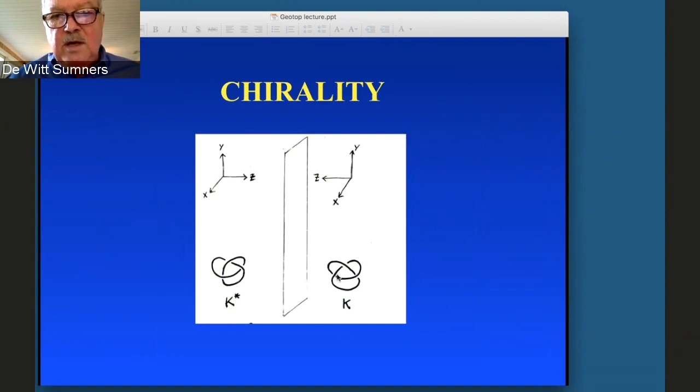To get from one to the other, you think of the crossings as happening in the z direction. If you change the sign of the z-coordinate, all the crossings switch. So if you take a knot diagram like this and switch the crossings, you obtain a projection of the mirror image. And it turns out that these 2 knots are inequivalent. There's no way to take one of these and deform it into the other.